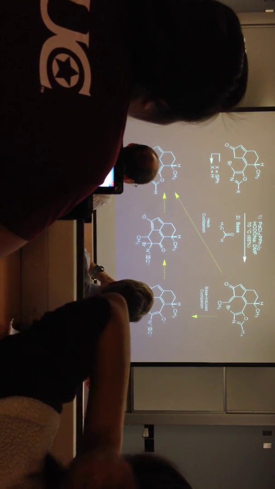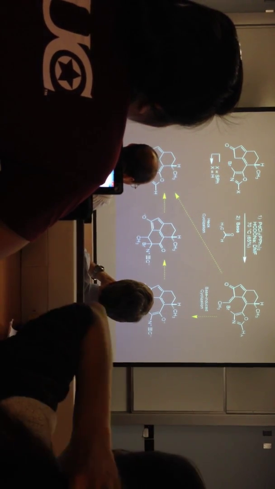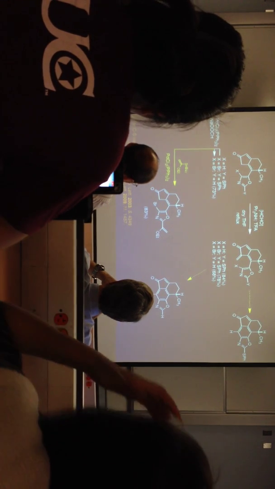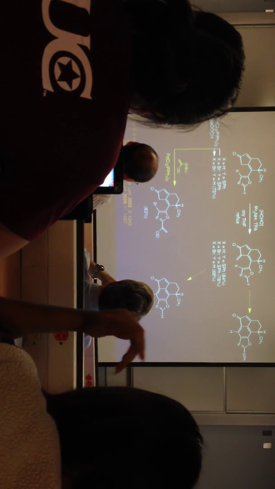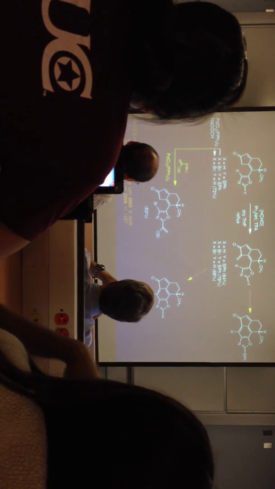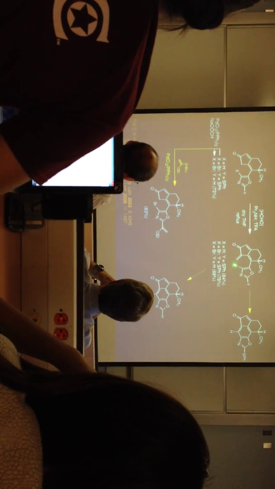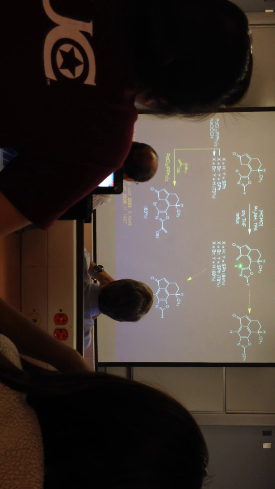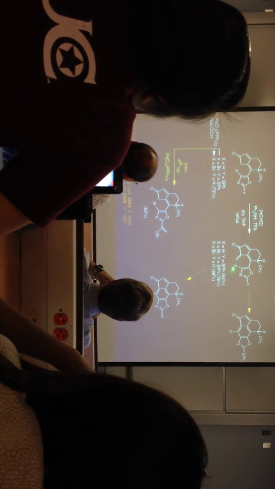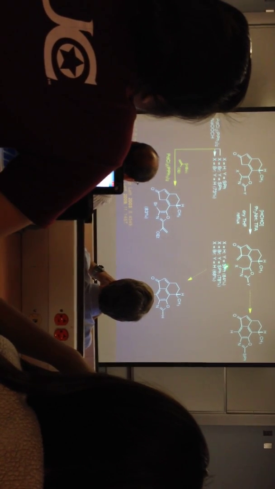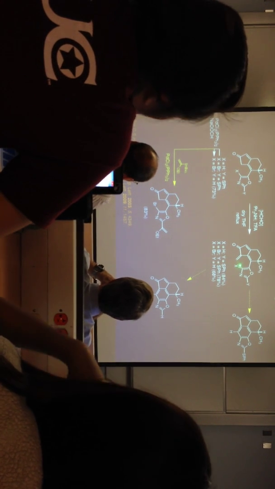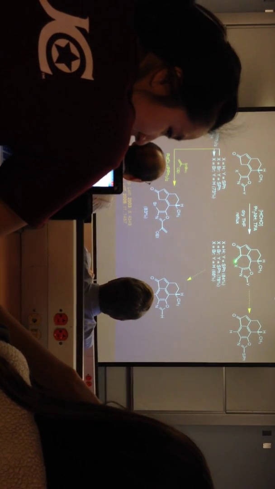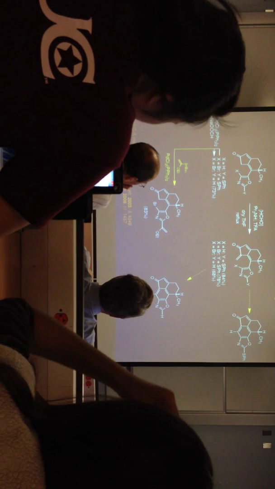Well, we had trouble with both of these groups, and nothing seemed to work. So this kind of summarizes some of those problems. We made this as a model study, and then we did everything to it. With X as bromide, we threw in the palladium. No cyclization took place. We got lots of strange looking products.